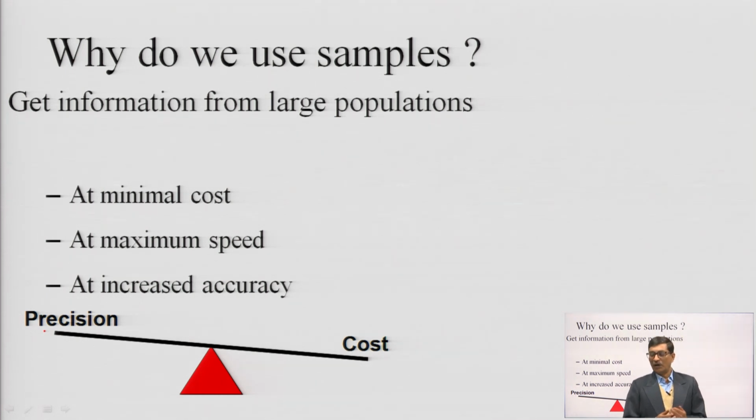The main aim of using a sample is to reduce the cost of our research and increase the precision. To reduce the cost, to reduce the time to complete the study, and to increase the accuracy of the result. So, for these 3 objectives we use samples.